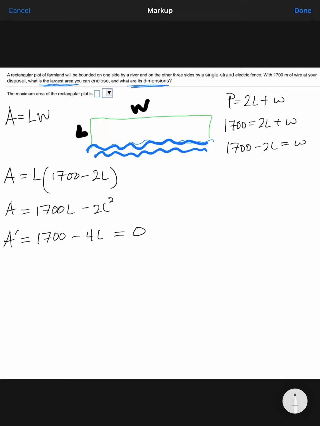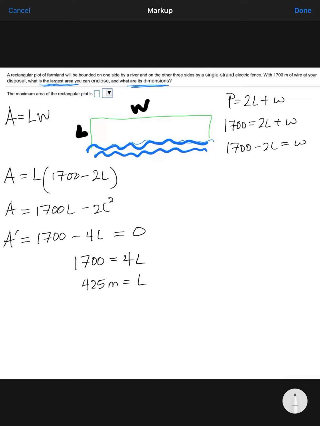So we have 1,700 equals 4L. So 1,700 divided by 4 tells us that the length is 425 meters. 425 meters represents the length.